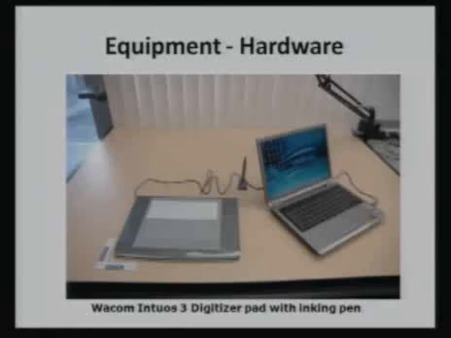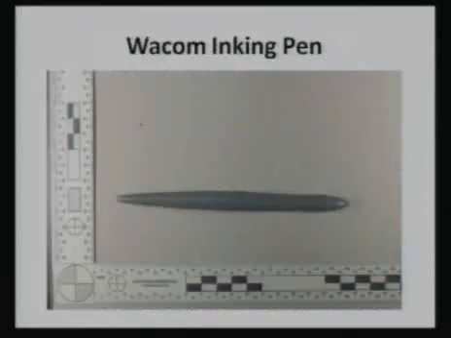It came with an inking pen; the Wacom tablets come with a stylus or an inking pen. We chose the inking pen for two reasons. One, people were writing with the stylus and they couldn't see what they were writing, and that bothered them. Two, with the inking pen, it was very much like a ballpoint pen. And we also got a static signature as well as a dynamic signature.